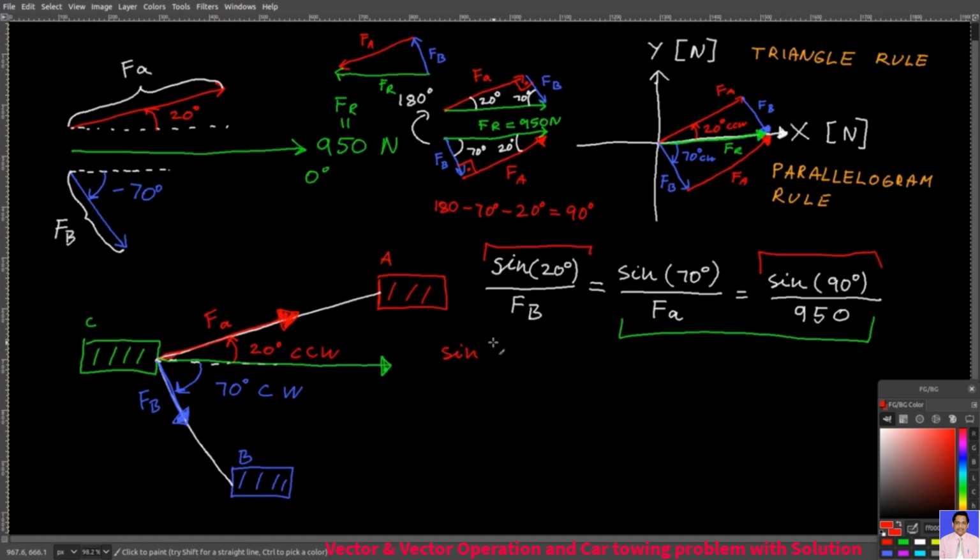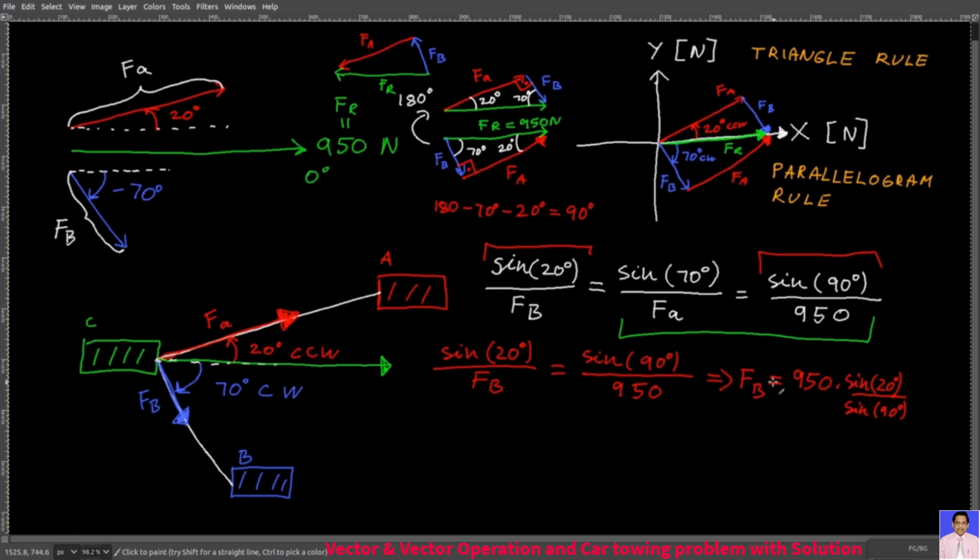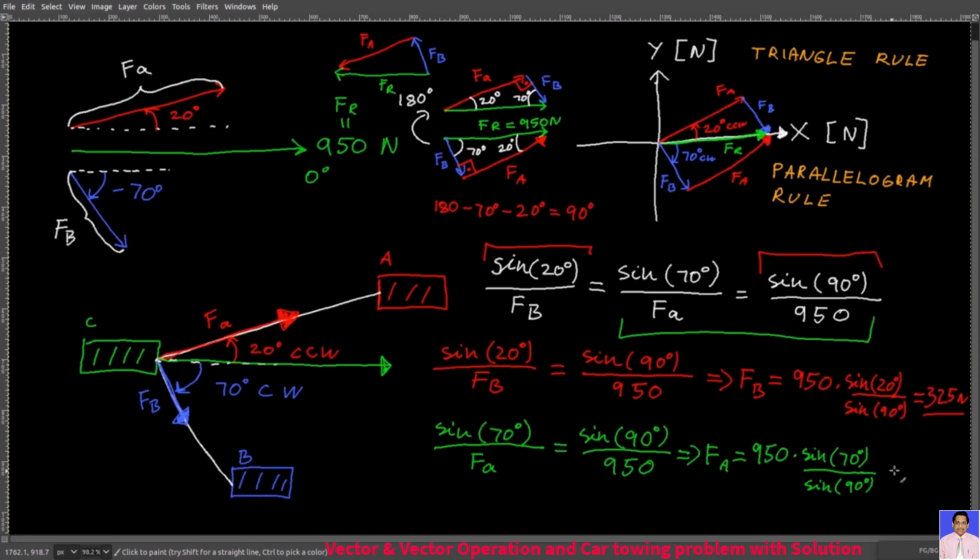So if I have sine 20 degrees over FB, and then that equals sine 90 degrees over 950, then you can very easily calculate FB, and it's more or less 325 newtons. Then I can take another relationship, which is this one here, and again you can calculate FA very easily, and it will be more or less 893 newtons.